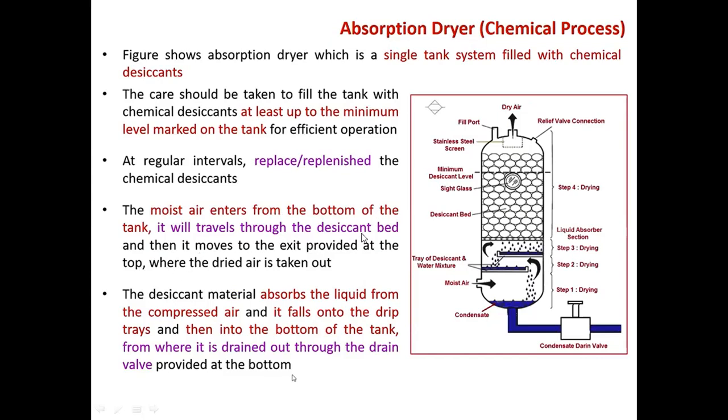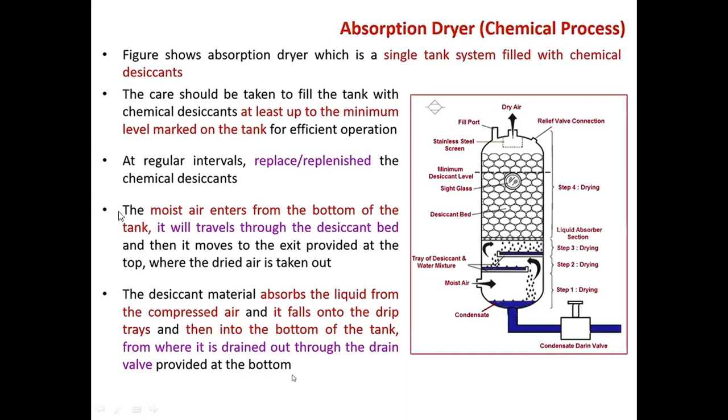It will travel through the desiccant bed and then it moves to the exit provided at the top, where the drier air is taken out. The desiccant material absorbs the liquid from the compressed air. It falls down the dryer and then into the bottom of the tank, from where it is drained out through the drain valve provided at the bottom.